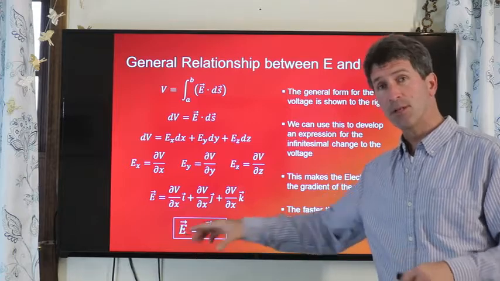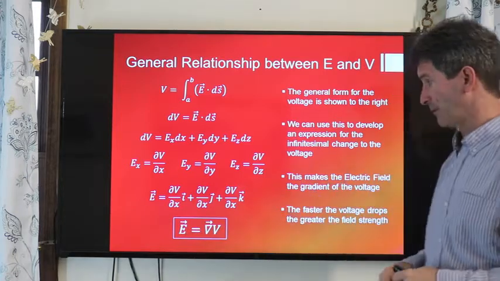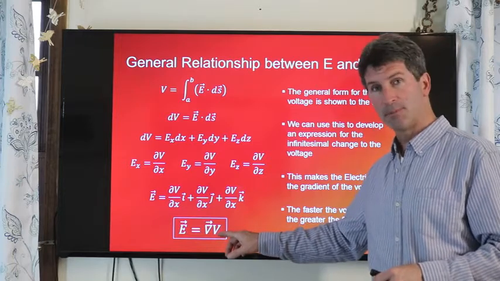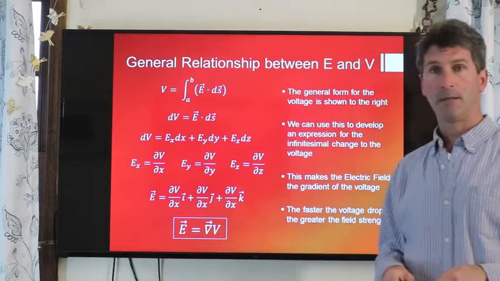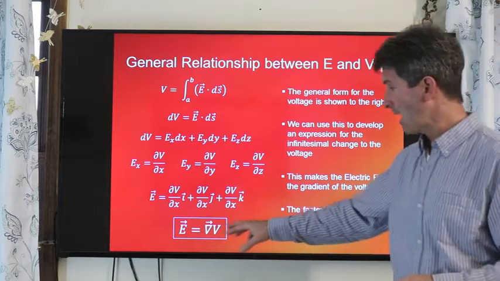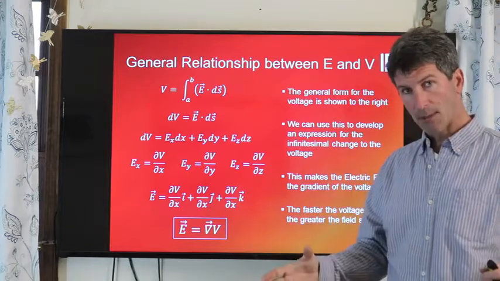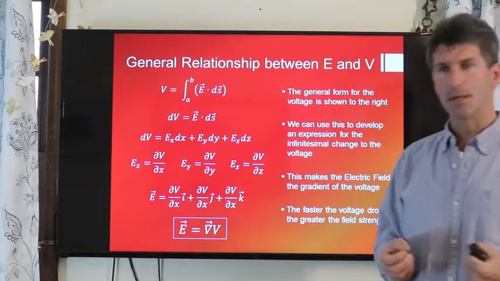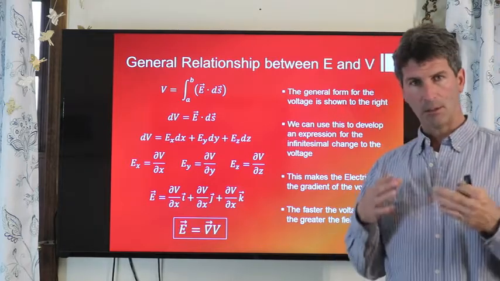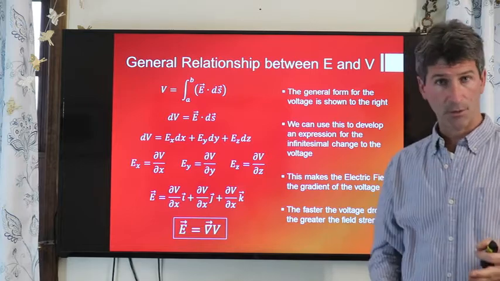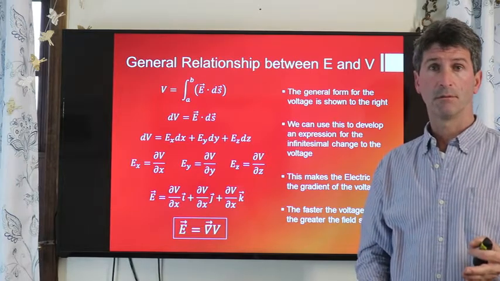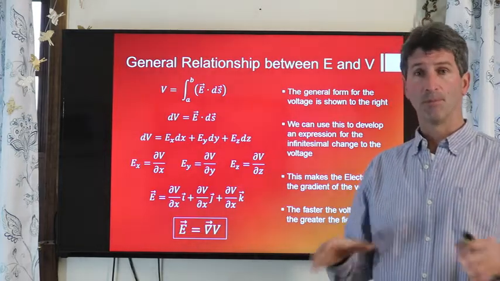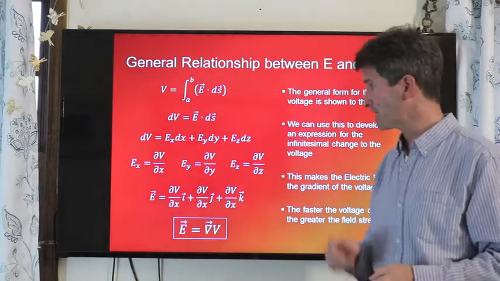For this electric potential, if we graph it like a topographical map, that steepness of the slope would be related to the electric field, meaning that how quickly the potential drops off is related to the electric field. And what this tells us is that our electric fields are stronger when the potential is going down faster, and the electric field is weaker when the potential is not dropping off as fast.